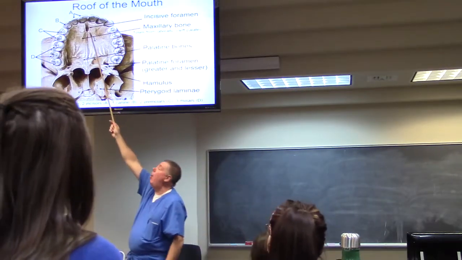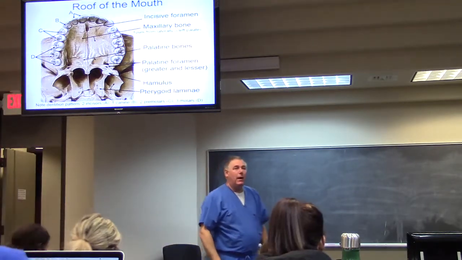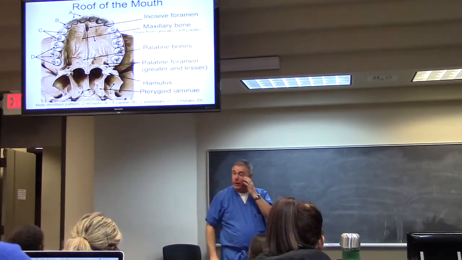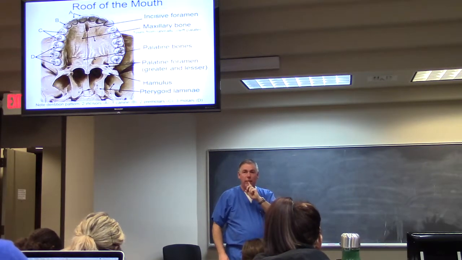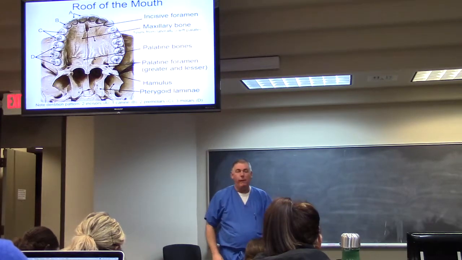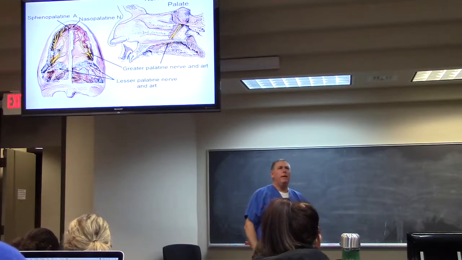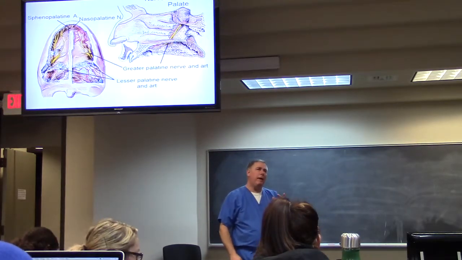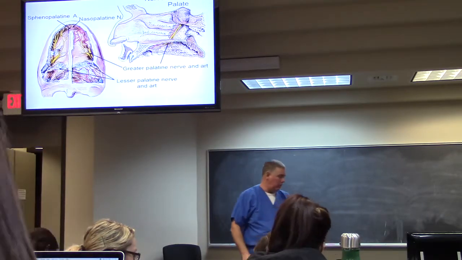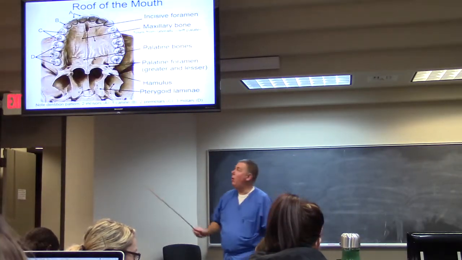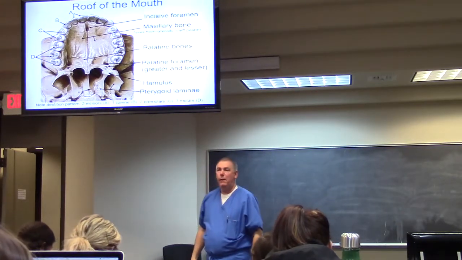That hole right there is called the incisive foramen. It transmits an artery and a nerve that supplies the gingiva of the incisors. We're going to see it later on. Now, the innervation and blood supply to the hard palate enter the hard palate from these two little holes right here. There's a greater and lesser palatine foramen.